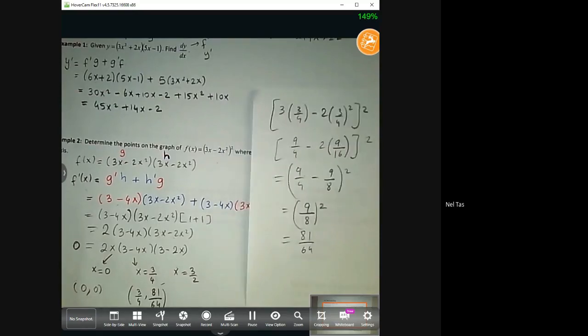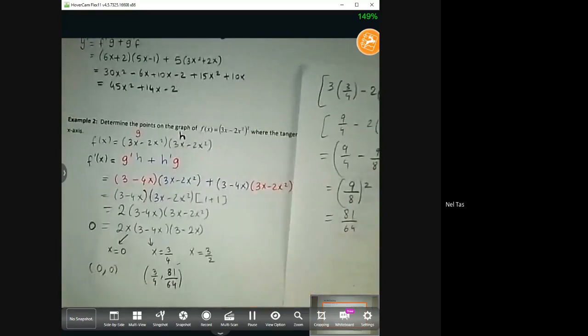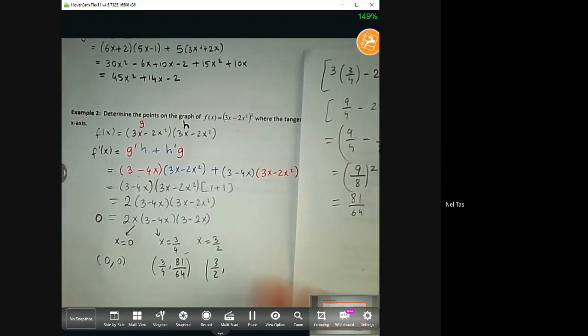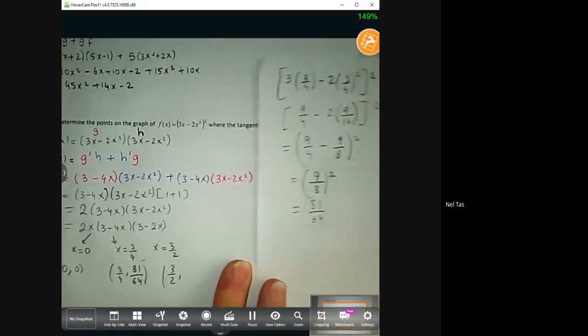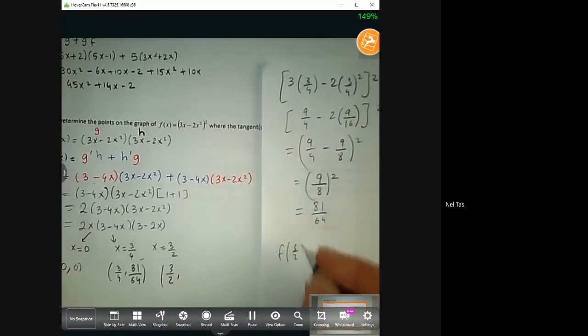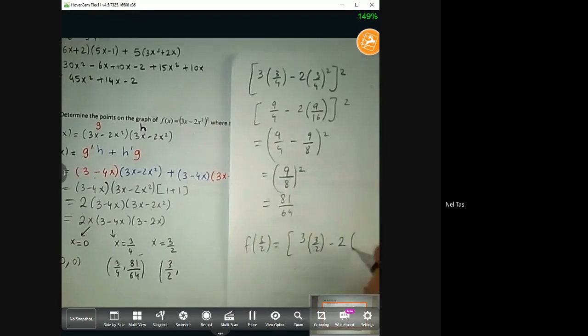And we also need the y coordinate of this point. So x is 3 over 2. We are going to sub it in again in the f function. So 3 times 3 over 2 minus 2 times 3 over 2 squared.